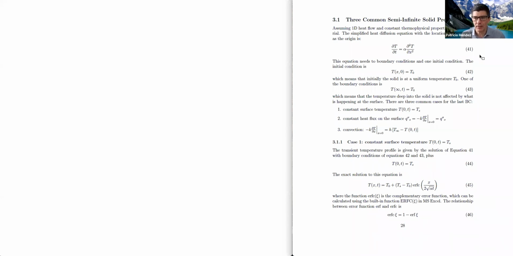This equation, which here has number 41, is an equation that we have discussed before, for example, for the case of the transient conduction in the plane wall. You see, I'm talking about a semi-infinite solid today. I was talking about a plane wall last week. Two things are very different.